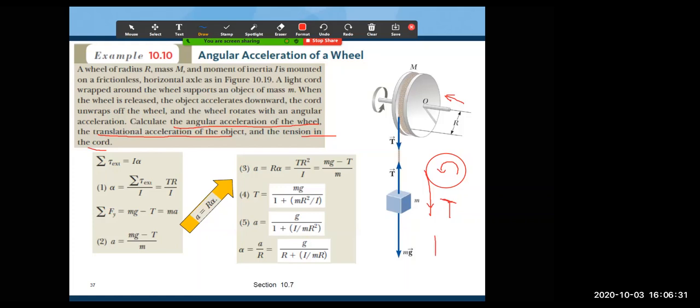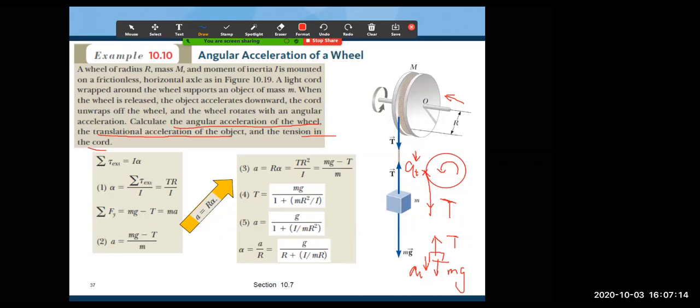And at the same time, you have a block that is pulled upward by the tension and pulled downward by the weight. If the string is not extensible, if the string is not elastic, that means the tangential acceleration of the wheel has to be equal to the downward acceleration of the block.